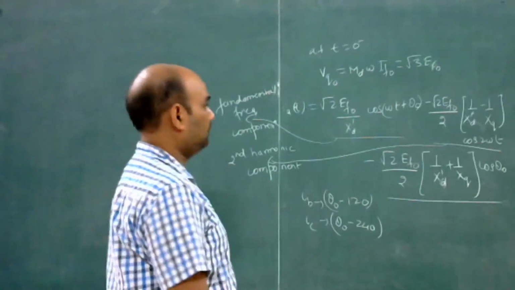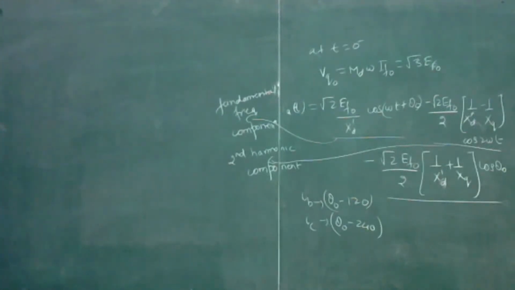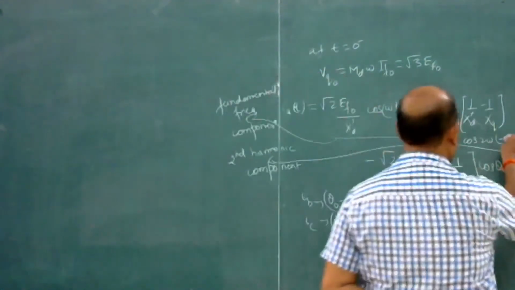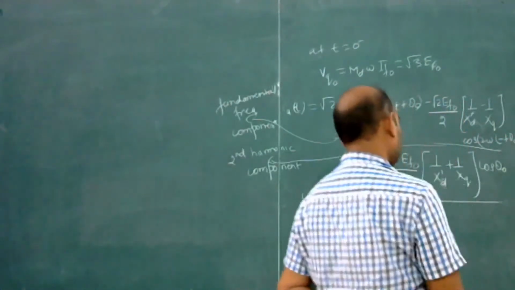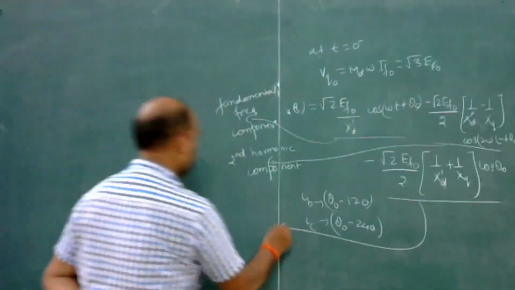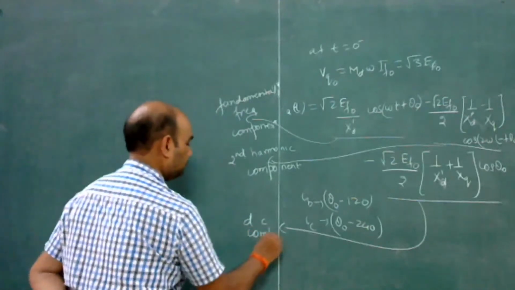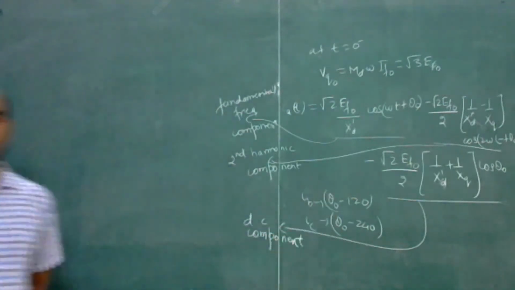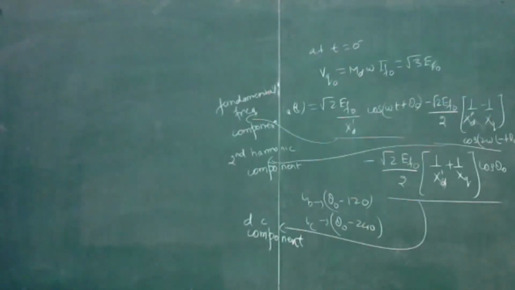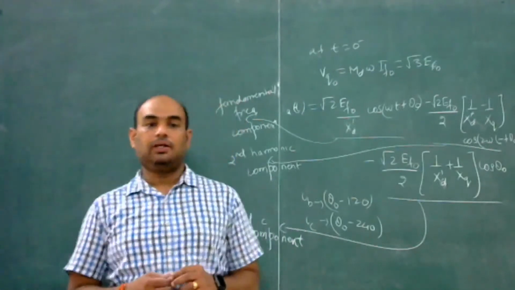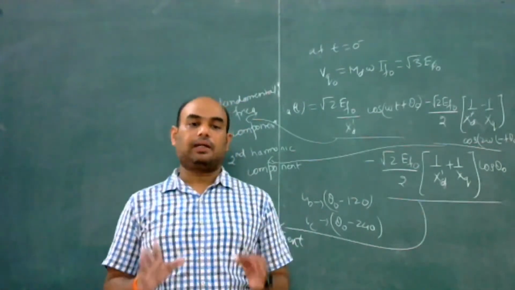Okay, so this phase current IA consists of a fundamental frequency component, a DC component, and a second harmonic component.